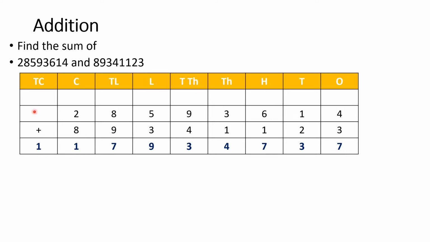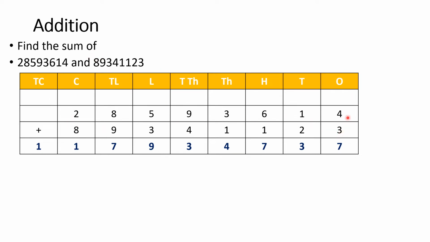At first, I have written these numbers in the place value chart, and always remember, always start writing from the ones place, like 4 at ones place, then 1 at tens place, 6 at hundreds place, 3 at thousands place, 9 at 10,000s place, 5 at lakh place, 8 at 10 lakh place and 2 at crore place. In a similar way, we will write this number also.